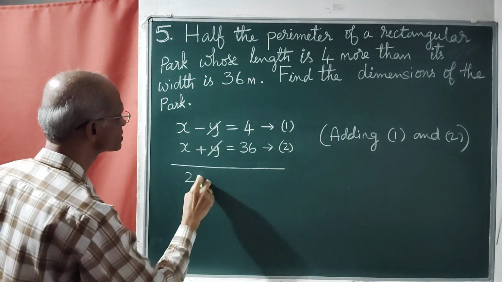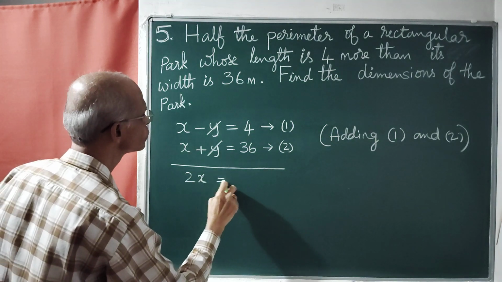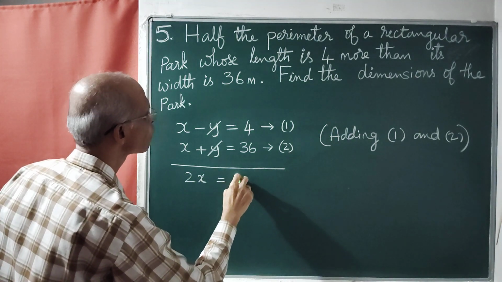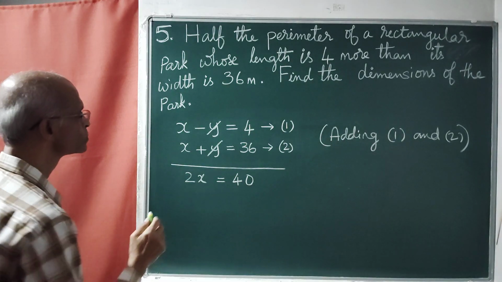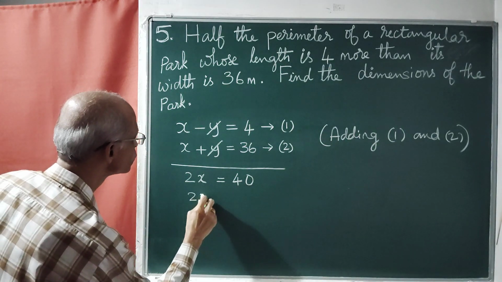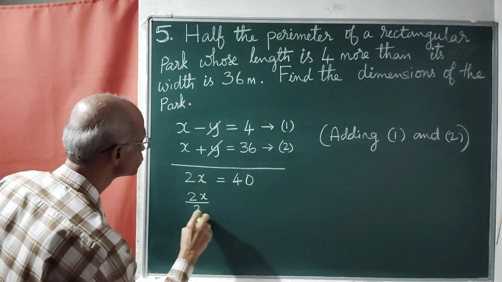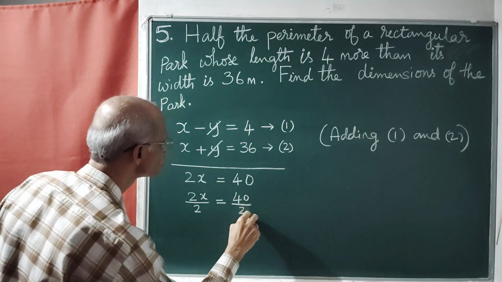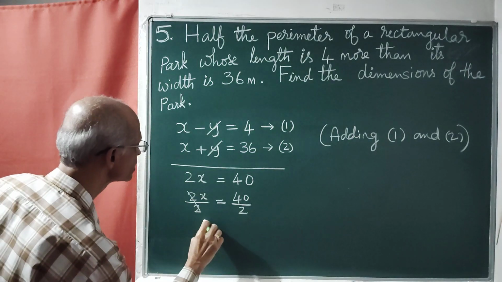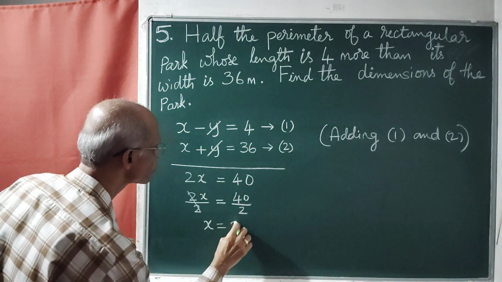We will get 2x equal to 40. So 2x by 2 is equal to 40 divided by 2. 2 got cancelled here. x is equal to 20.